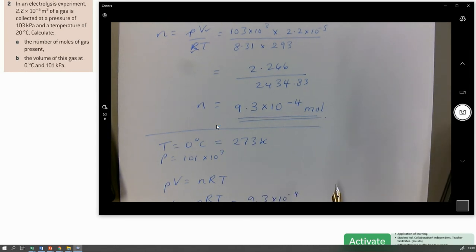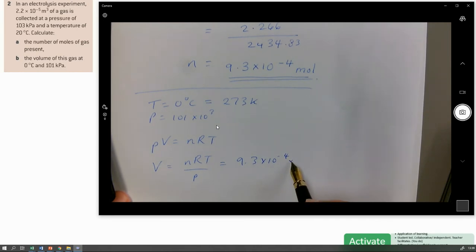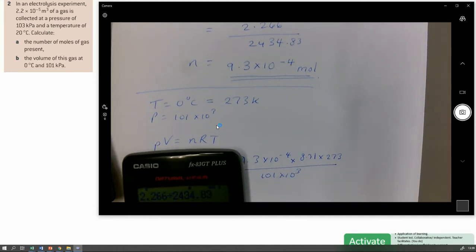So let's think that way. Multiplied by 8.31, our old friend, the gas constant, multiplied by the temperature, 273, all divided by the pressure, which is 101 kilopascals.